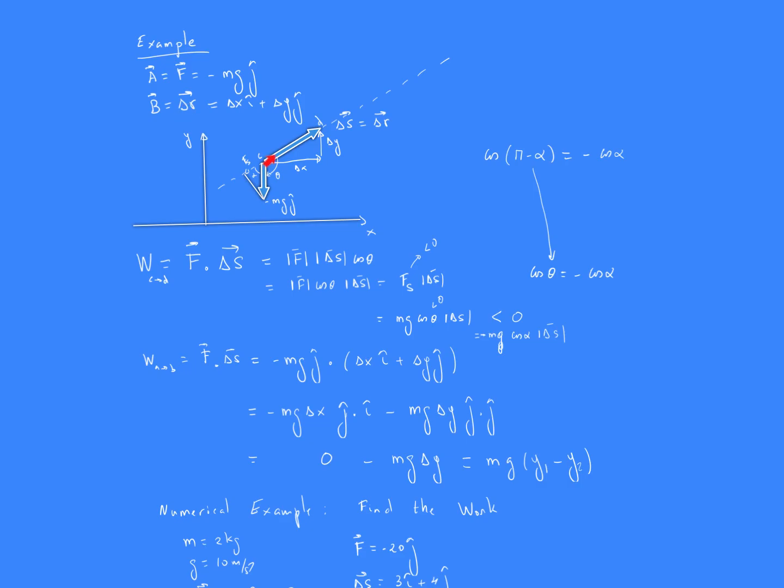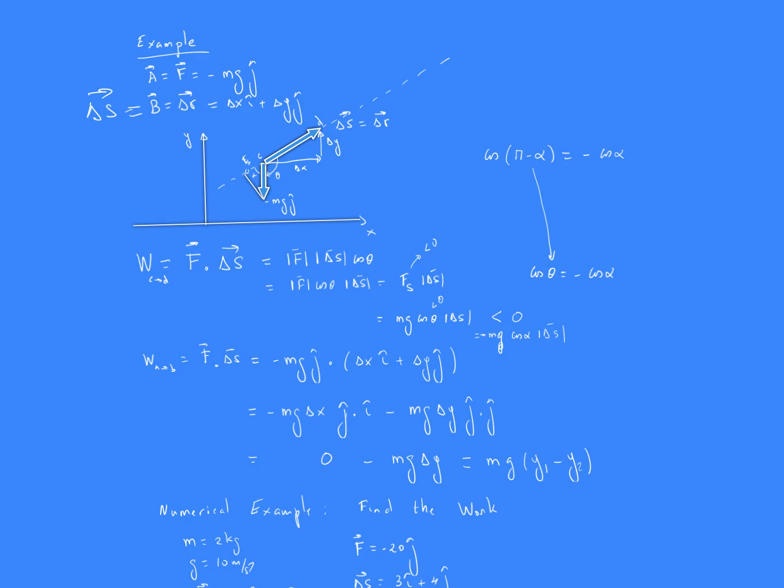The displacement is, this is delta S. The displacement is delta x in the i direction plus delta y in the j direction. That is delta r or delta s. If you prefer, if you want to call the displacement delta s, you can call it also delta s.